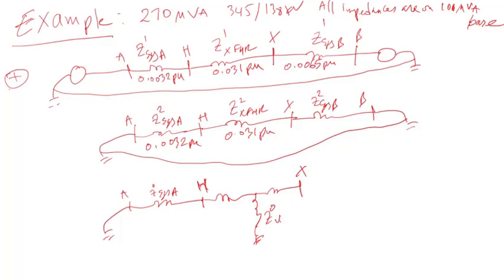So zero sequence of H, system B. So these are all connected.